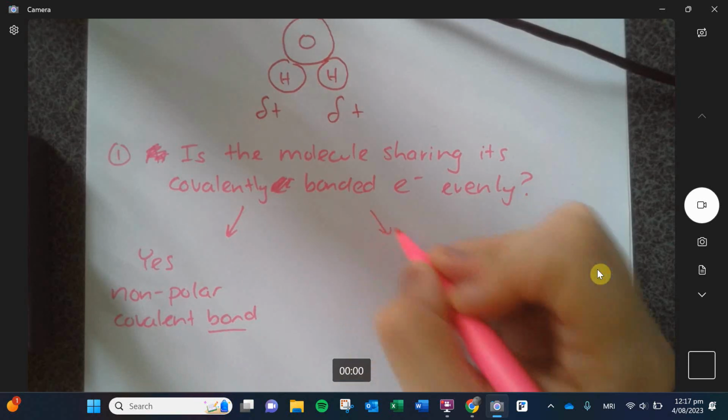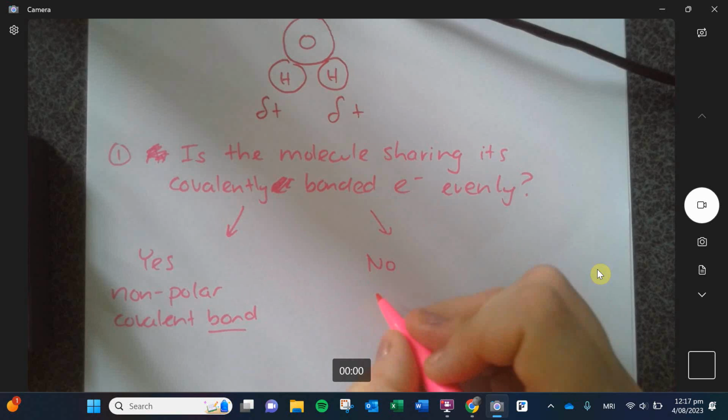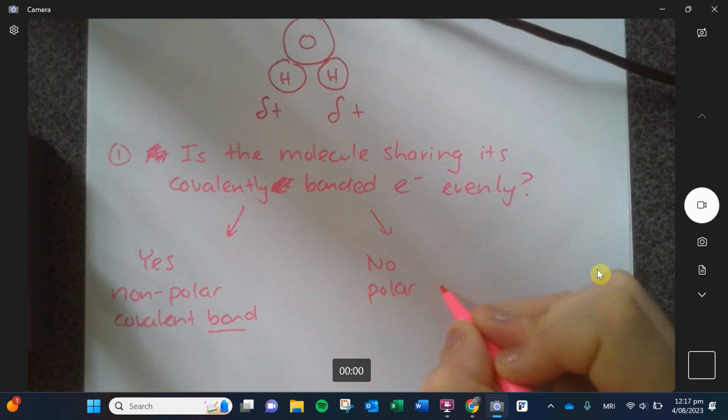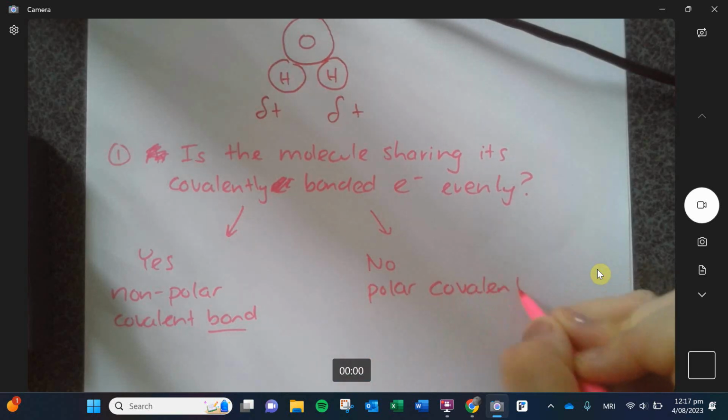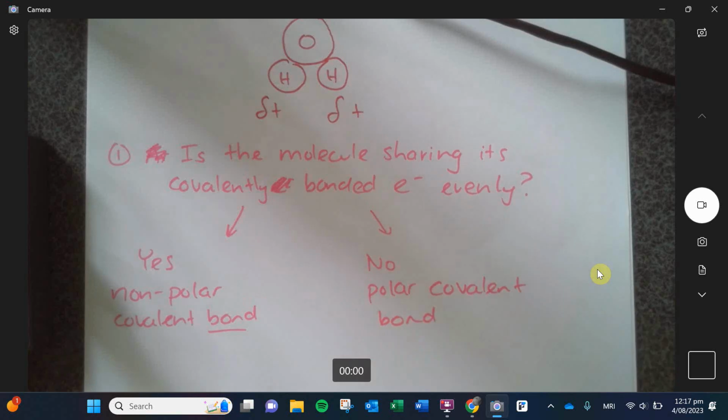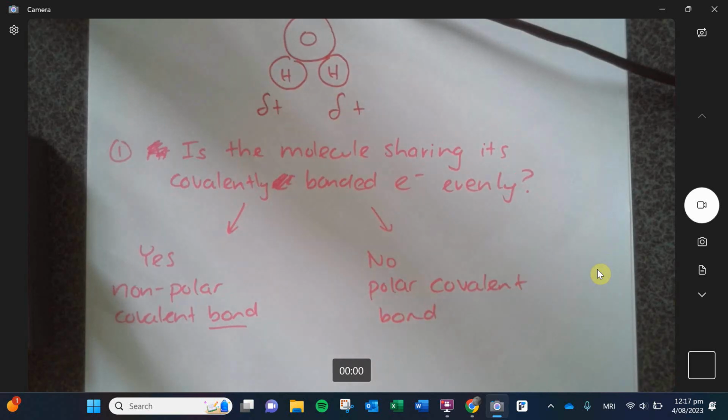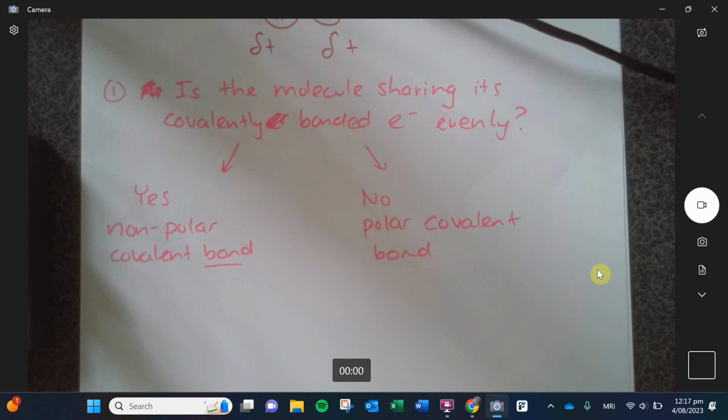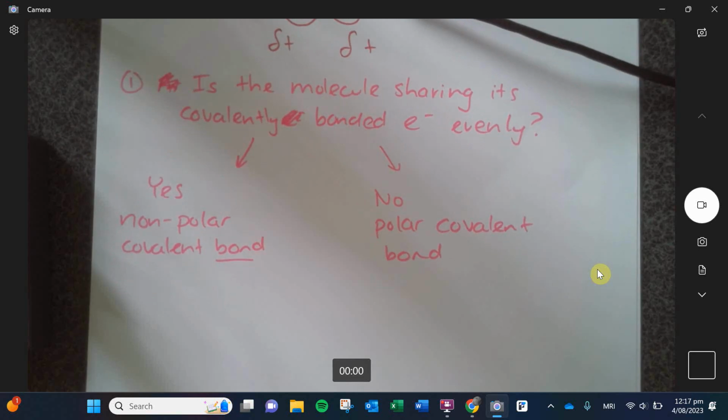If the answer is no, then I have a polar covalent bond. Now, the way I decide this is based on the electronegativity.